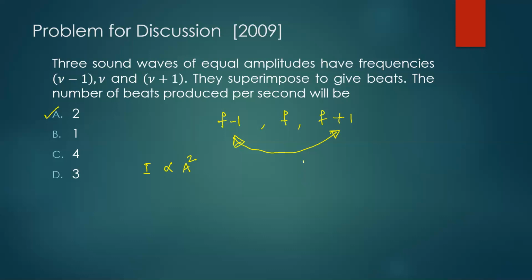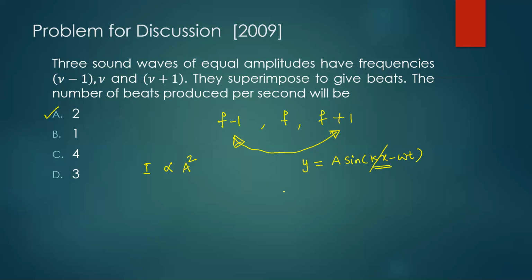Usually when you take a wave, mathematically we write it as A sine(kx minus omega t) or (kx plus omega t), right? Because the mixing is happening at a particular location in space, you don't have to worry about the position component. So you ignore the position component, and then you write each of these waves.